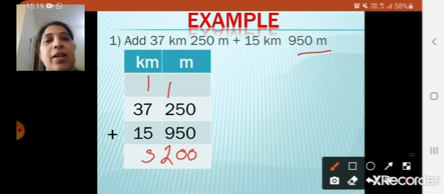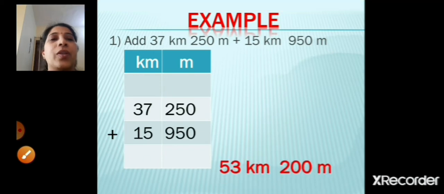So 3 I will write down and again 1 carried over. 1 plus 3 is 4 and 4 plus 1 is 5, right? So what answer you got? 53 kilometer and 200 meter. So your final answer is 53 kilometer 200 meter, right children?